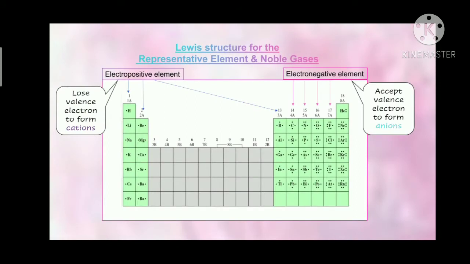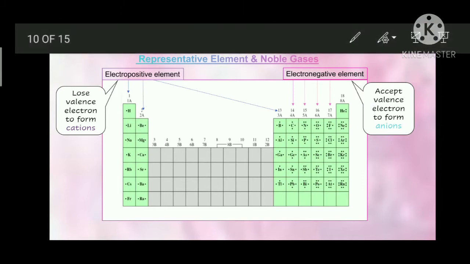this is a Lewis structure for the representative elements, which have electropositive elements and electronegative elements. Electropositive elements are from groups 1, 2 and 13. The electronegative elements are from groups 14, 15, 16 and 17.